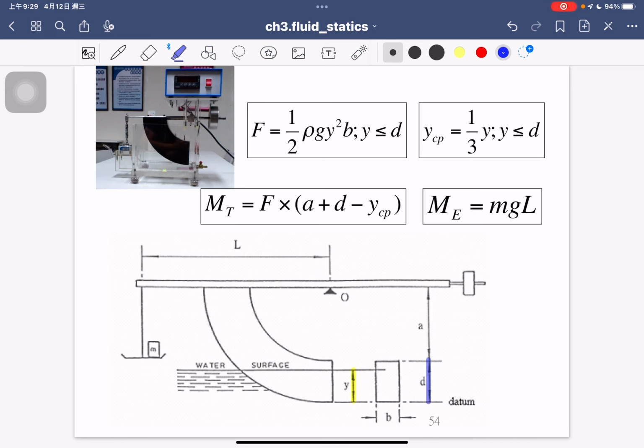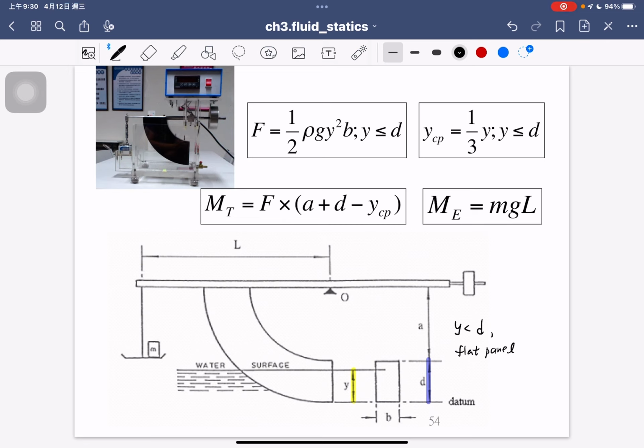So in the first case, we only consider the water depth y being less than the d length. In that case, we can deal with this problem as a flat panel. That's similar to the flat panel conditions.